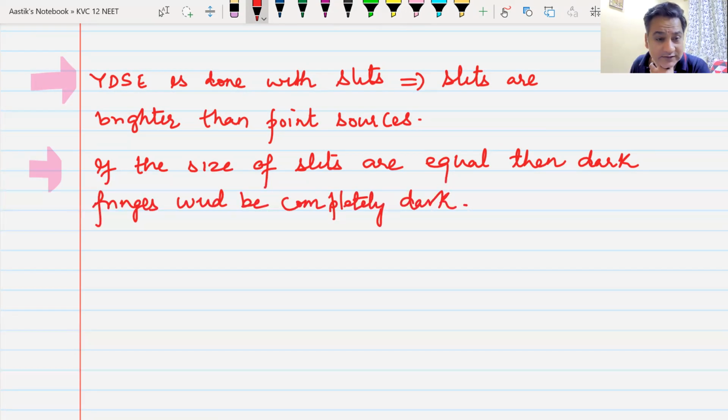If they are of unequal size, then dark fringes will not be completely dark, because the amplitudes of the waves that they create will be different, the intensities will be different, and therefore the minimum intensity will not be zero. Dark fringe will not be completely dark. Bright fringe will not be very bright. It will be bright, but not maximum bright. If they are of equal sizes, dark would be completely dark and bright would be completely bright.